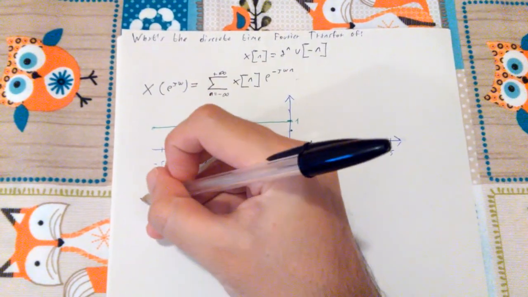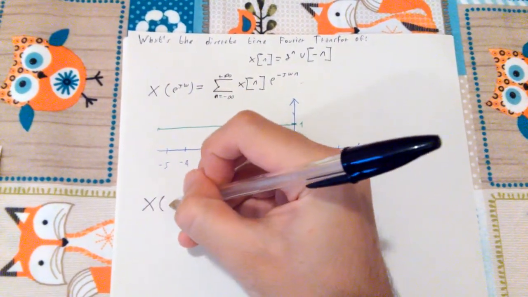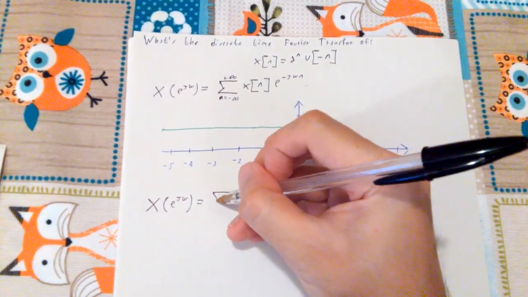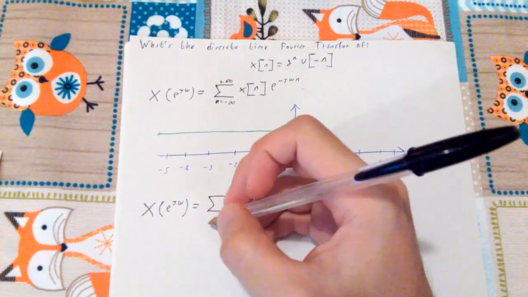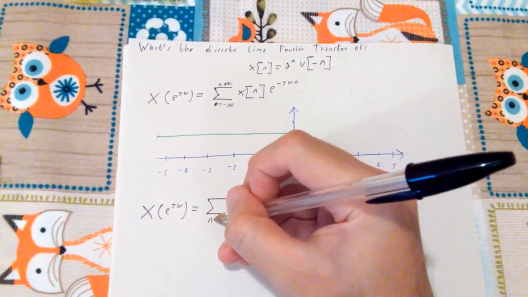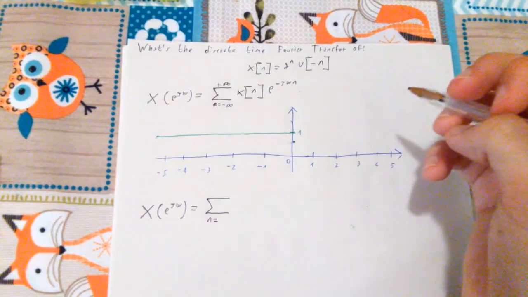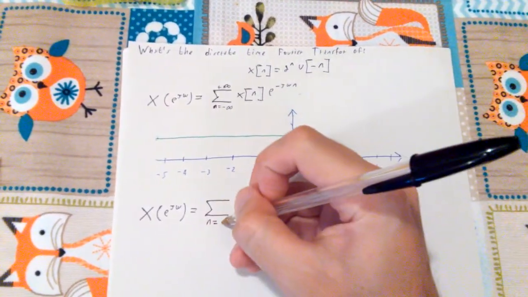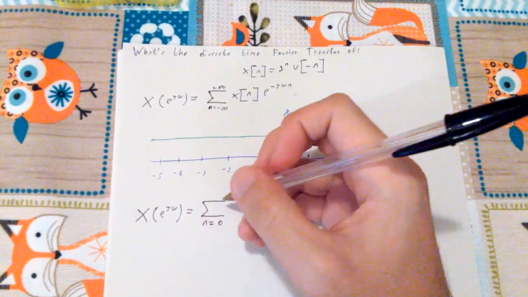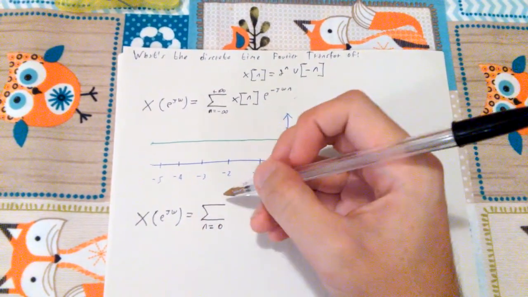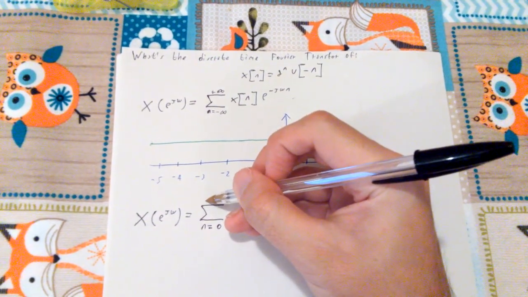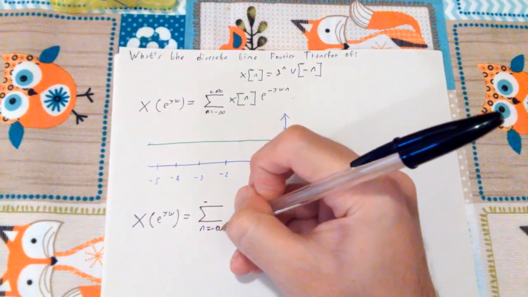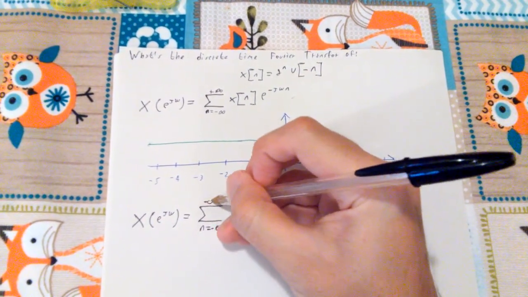So we have that capital X of e to the j omega is equal to the sum of n that goes from, sorry, from negative infinity to 0.